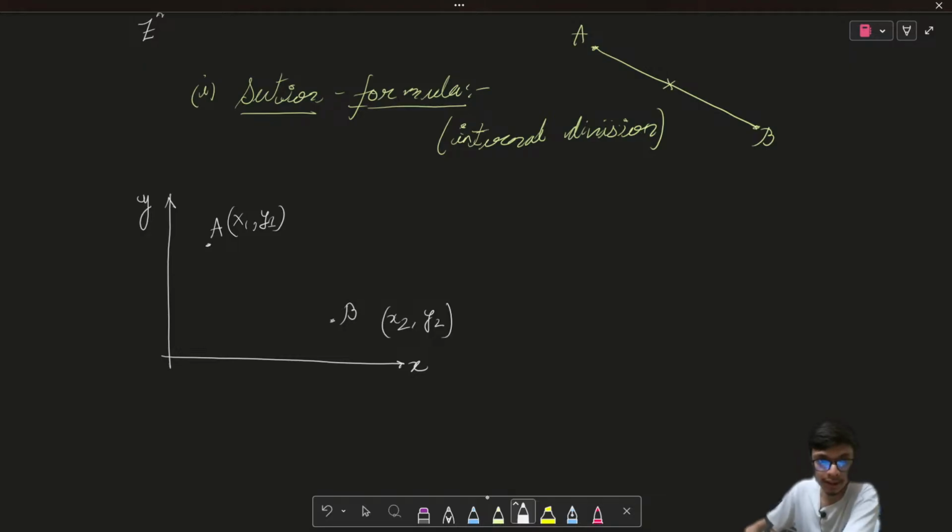All right. Now, if I have the coordinates, I can definitely obtain the position vector. If I ask you what is the position vector of A, let us call this position vector of A as small a.